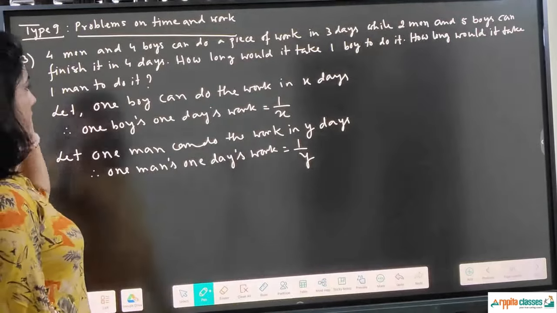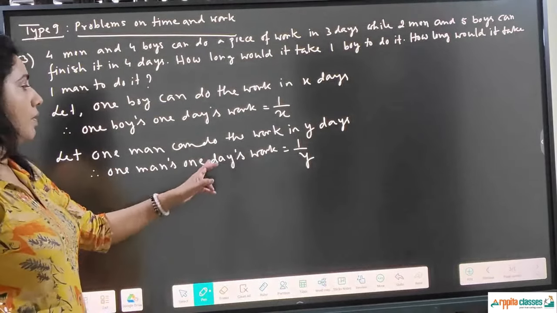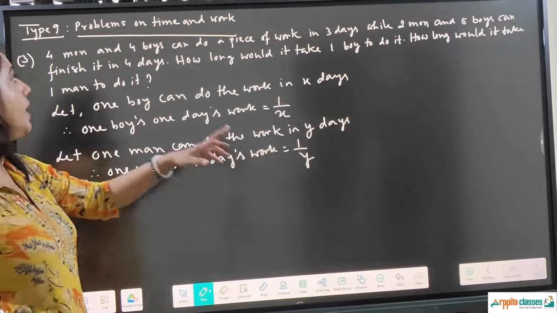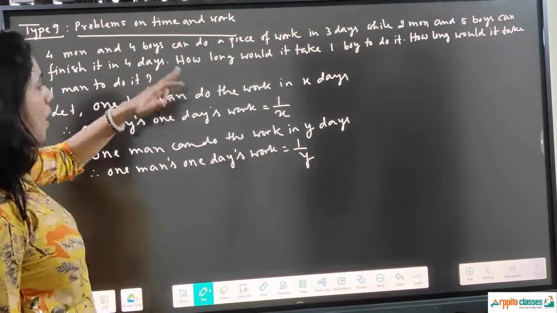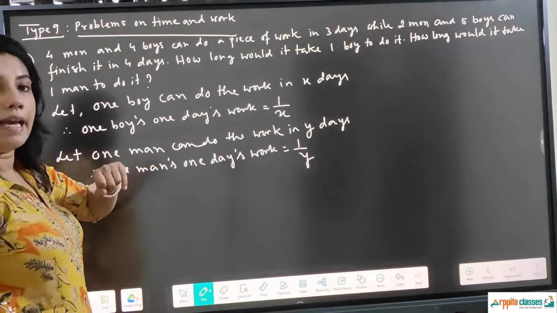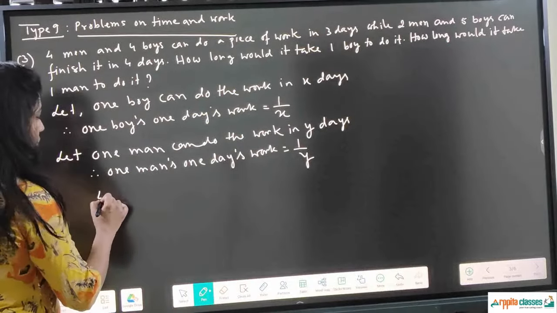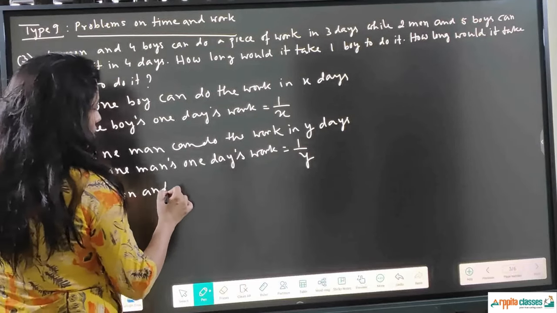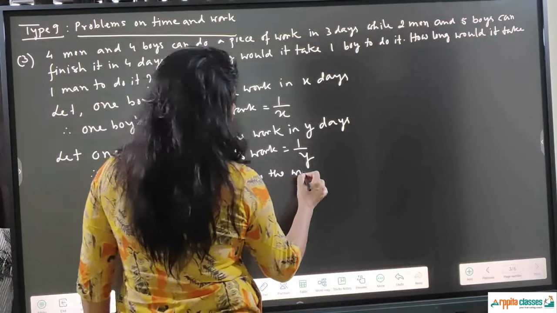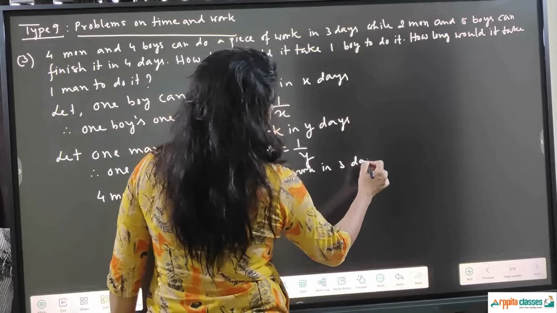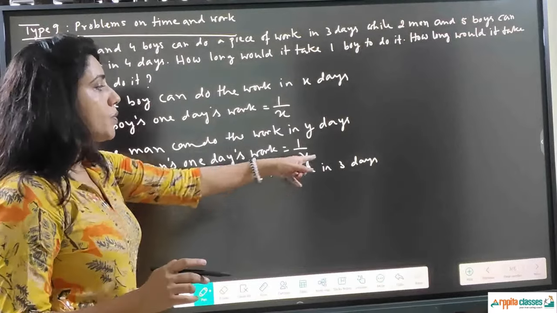So now in the first criteria, 4 men and 4 boys: if 1 man's 1 day's work is 1 upon y, then 4 men's 1 day's work will be 4 upon y, and 4 boys' 1 day's work will be 4 upon x, and that will be equal to 1 upon 3 days, because here they are saying 4 men and 4 boys can do the work in 3 days. That means 4 men and 4 boys' 1 day's work will be 1 upon 3.